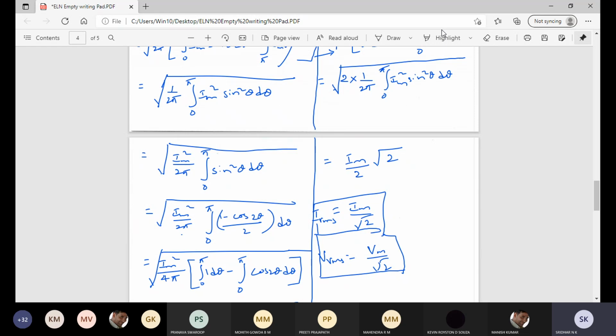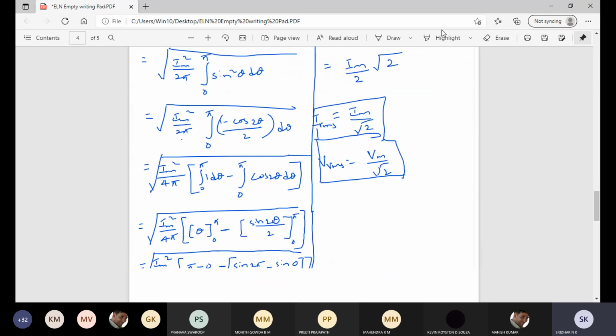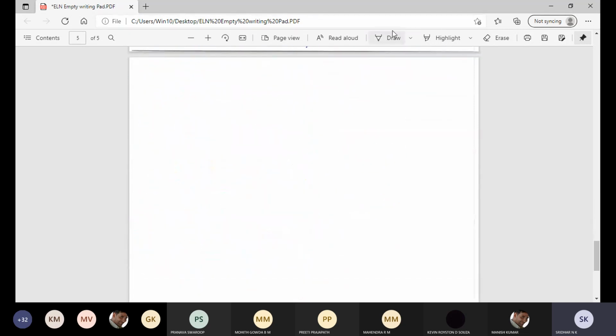Rectification efficiency is denoted by the symbol eta.